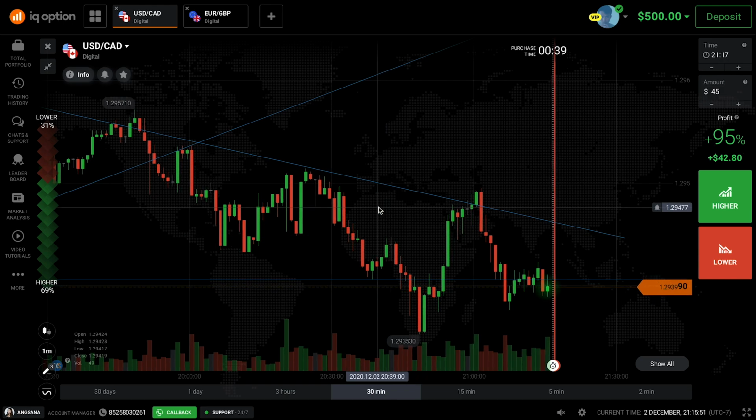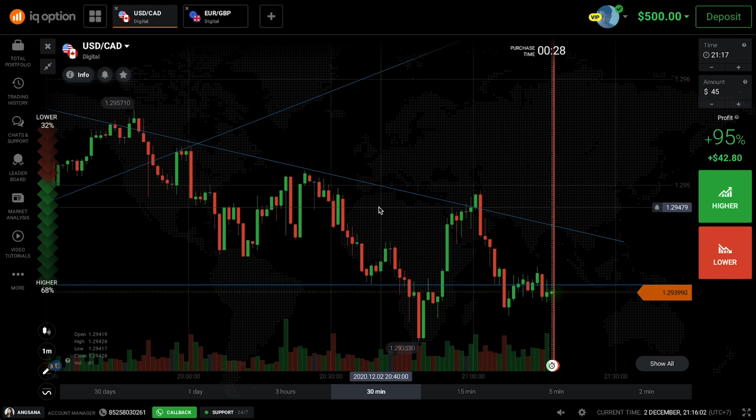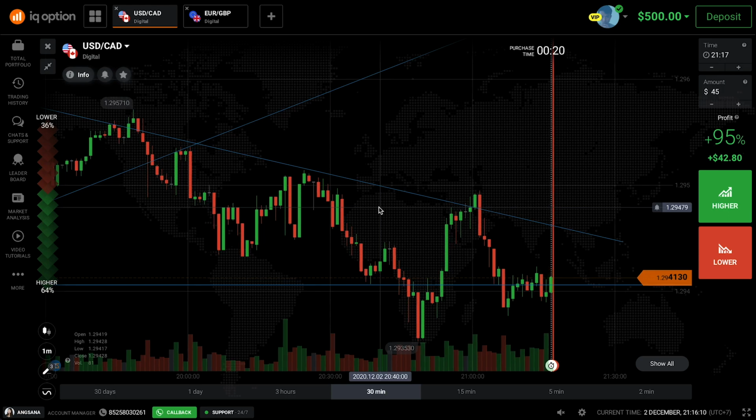They always tell you that the majority of the candles will be on the red or on the green. So when you see a downtrend, the majority of the candles will be red.